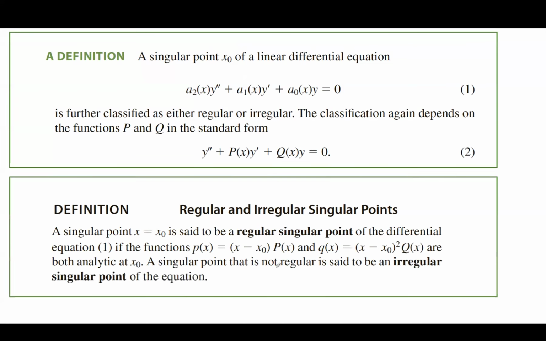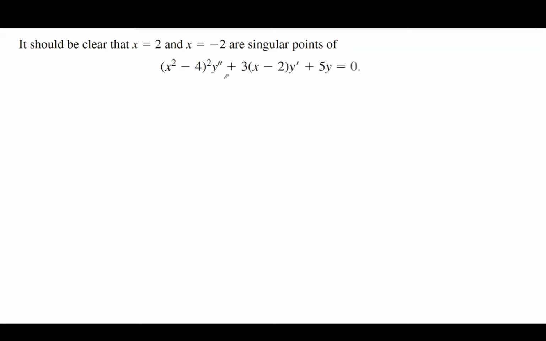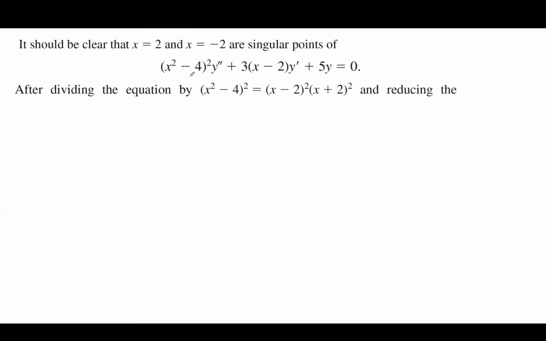Let's take a look at a few examples to feel comfortable about this topic. In the differential equation (x squared minus 4) to power 2 times the second derivative of y plus 3(x minus 2)y prime plus 5y equal to 0, basically 2 and negative 2 are the solutions of taking the leading coefficient and setting it equal to 0.